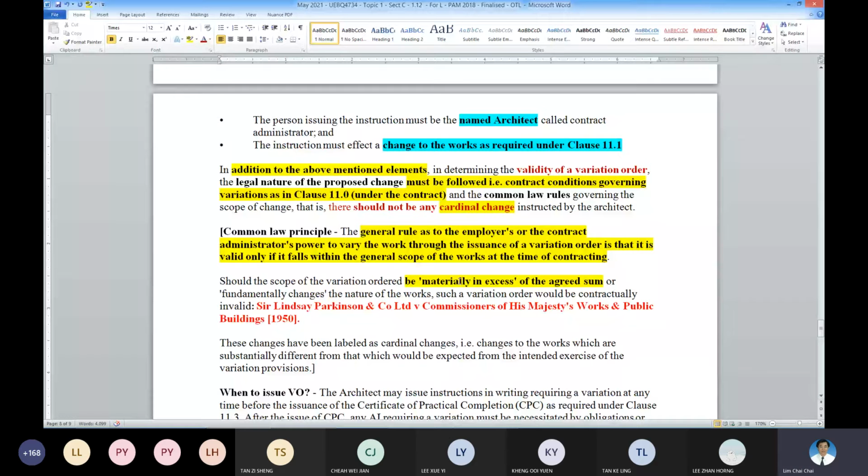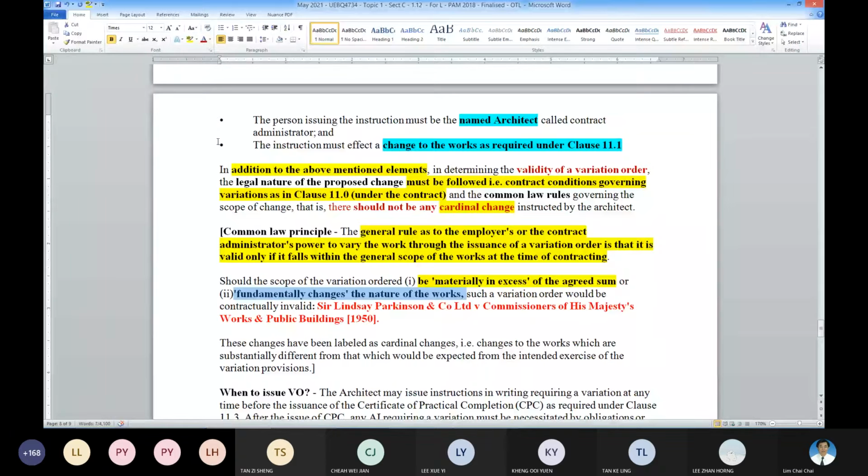Very excessive. Type 1, cardinal change. Type 2, fundamental change of nature of work. This is what we have been talking about all along. Change in the nature of the work.